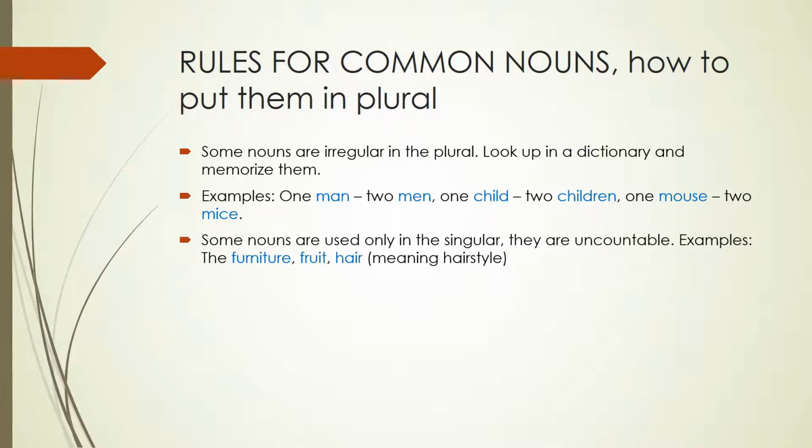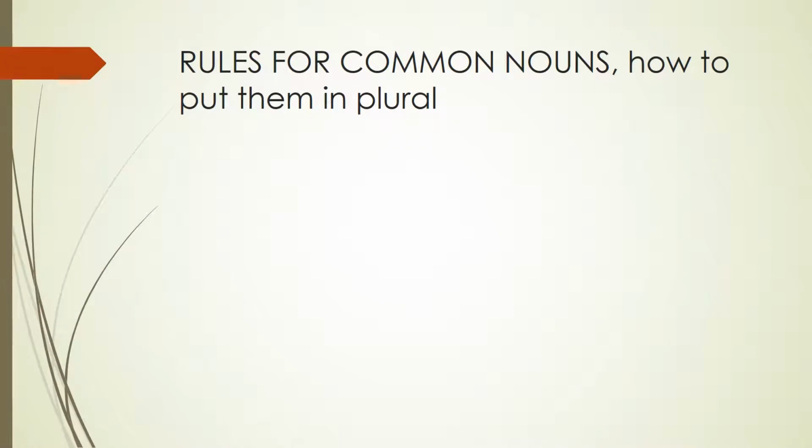Some nouns are used only in the singular. They are uncountable. Examples of such nouns are furniture, fruit, hair, meaning hairstyle. Some nouns are used only in the plural.